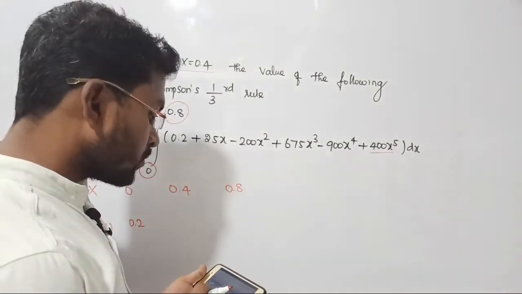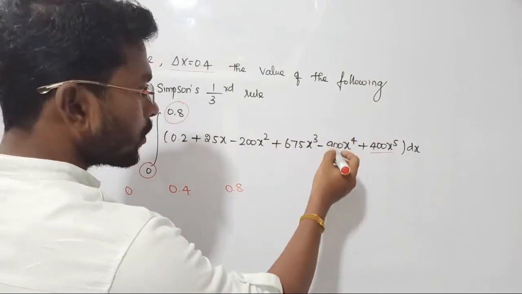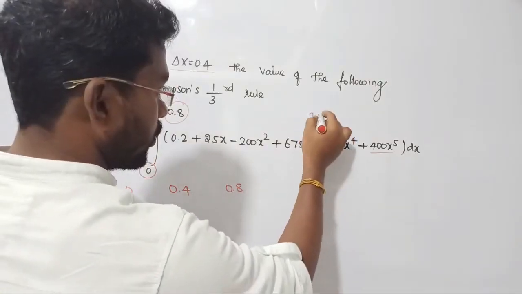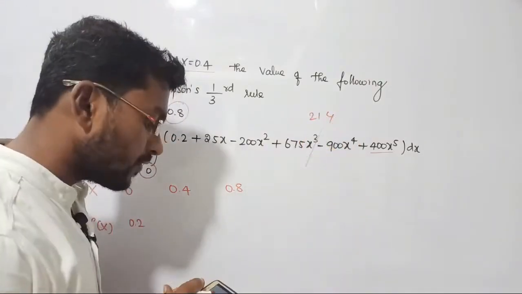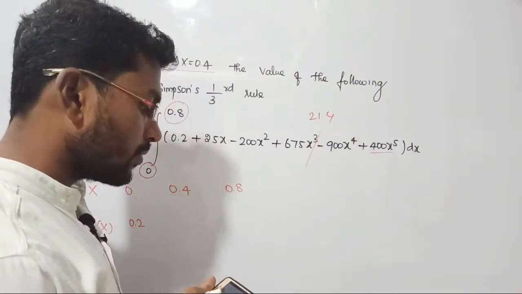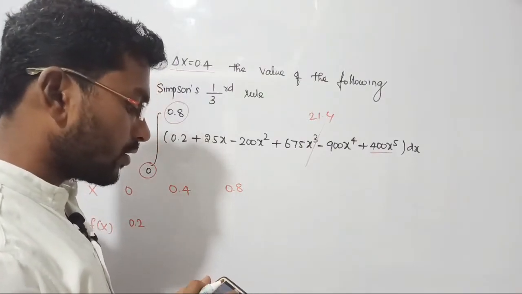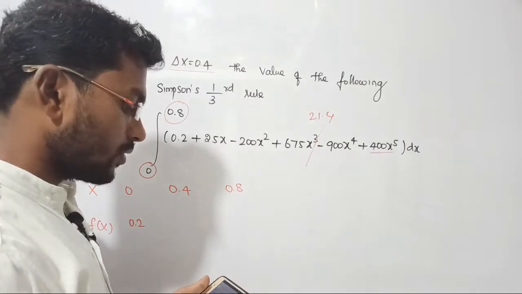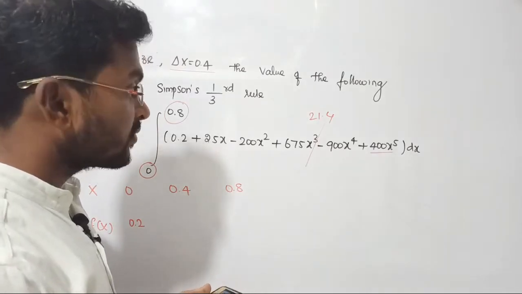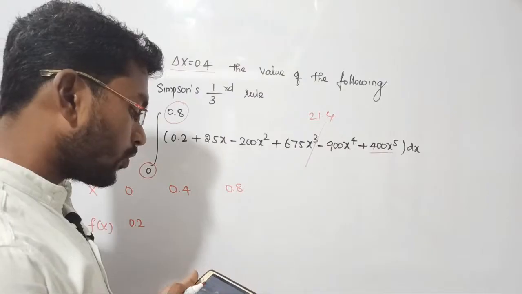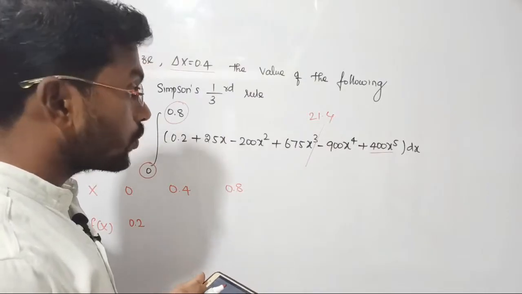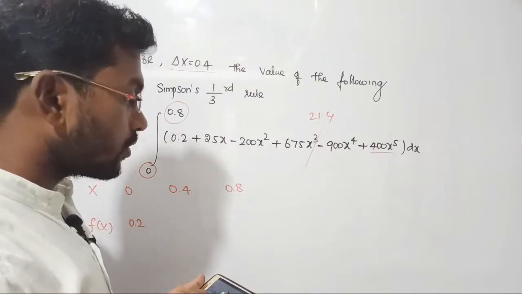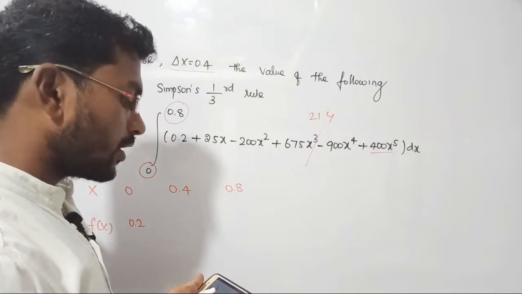See, up to this I got 21.4. Let me write it myself, and then minus, let me consider 900. There, 0.4, I should raise the power to 4, and then multiply it by 900.